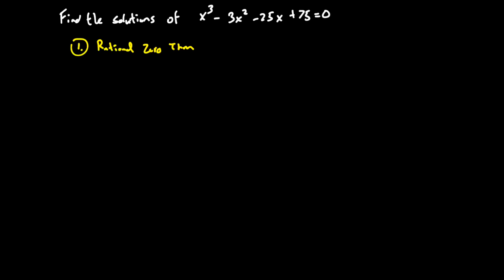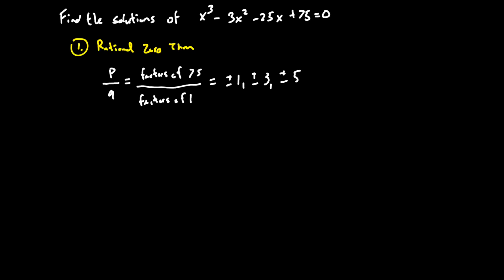Again, our rational zero theorem tells us the possible rational zeros are of the form p divided by q, where p are factors of 75 and q is factors of 1. So all possible rational zeros are going to be of the following form: plus or minus 1, plus or minus 3, plus or minus 5, plus or minus 15, plus or minus 25, or plus or minus 75.